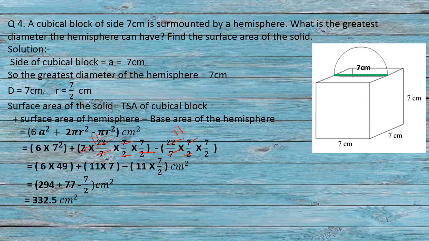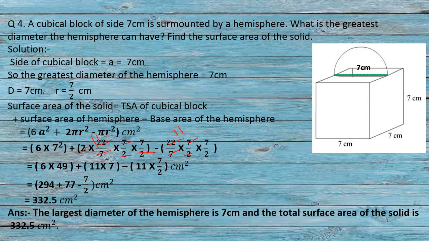So we can say the largest diameter of this hemisphere is 7 centimeters, and the total surface area of the solid is 332.5 centimeters square. So remember one thing, whenever we have to find the area and surface area of a given solid, we have to find the separate areas for the 3D shapes, then we can combine those areas. So we get the total surface area of the combination of solids.